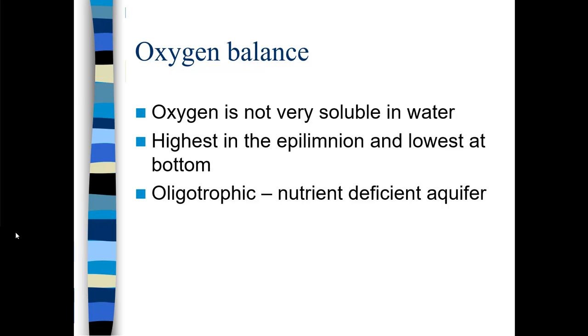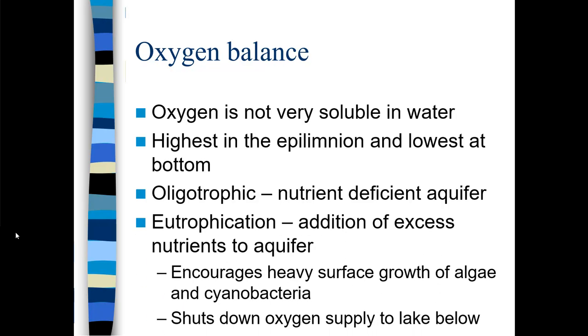Okay. Now, if an excess of nutrient is added, this is called eutrophication. And what happens to the aquifer is, with excess nutrients, you get heavy surface growth of algae and cyanobacteria. But what becomes a problem is that it shuts down the oxygen supply to the lake below.